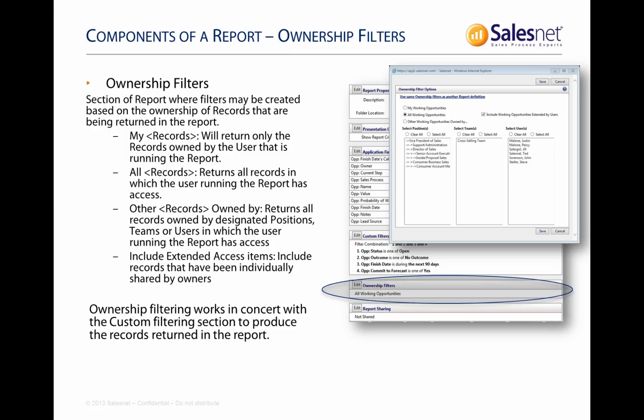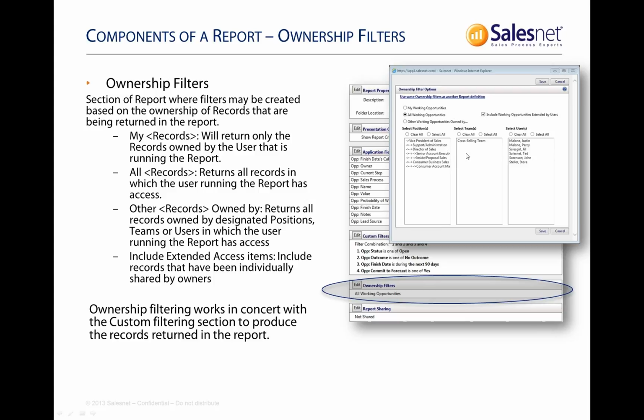If I share that report with my sales manager from the West Coast, when he runs it and looks at all opportunities, he maybe sees just opportunities for his division or his region. He doesn't see the East Coast because he's not been granted access. So all opportunities for him means something different than all opportunities for an application admin.